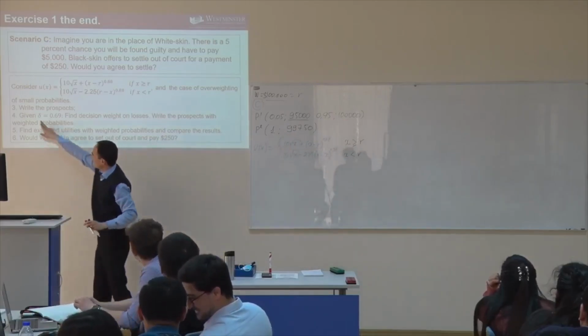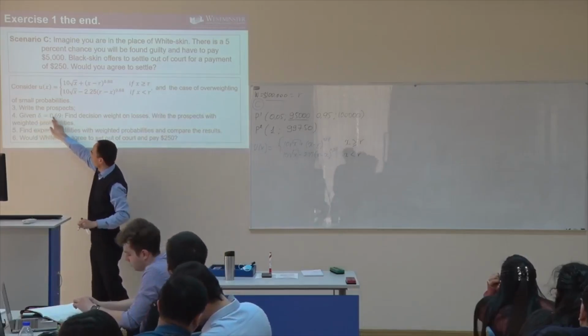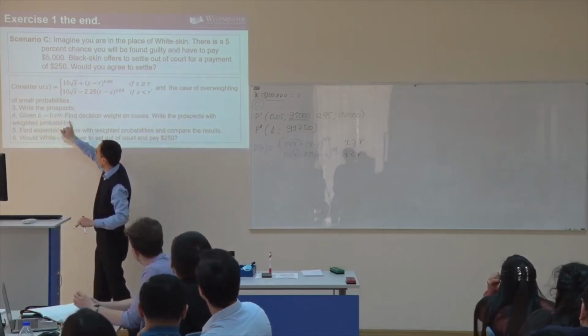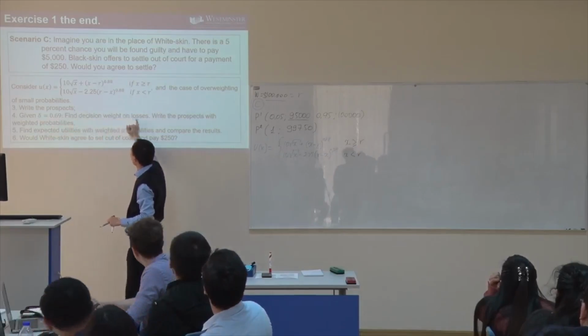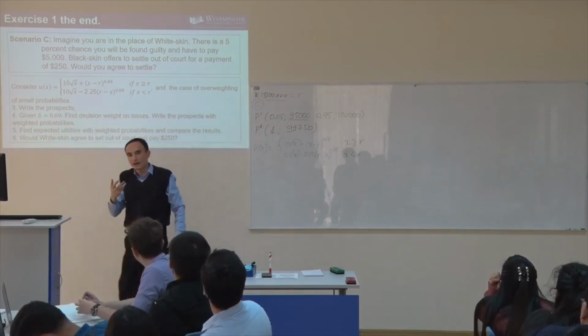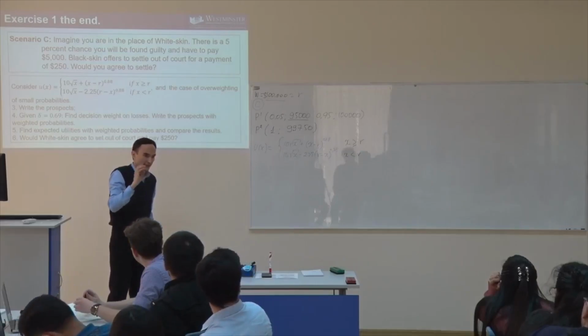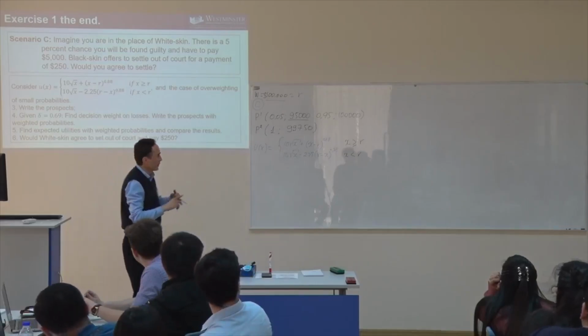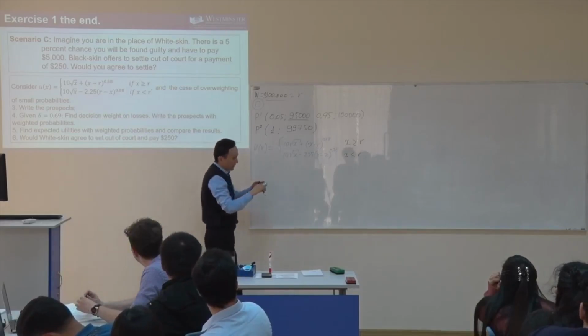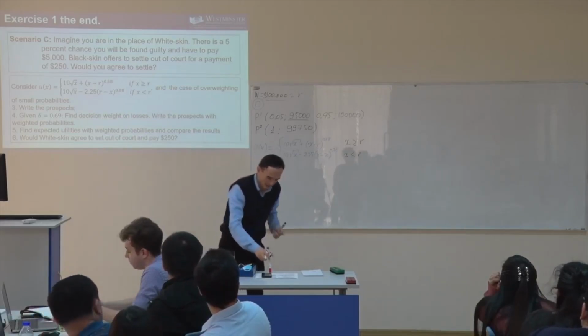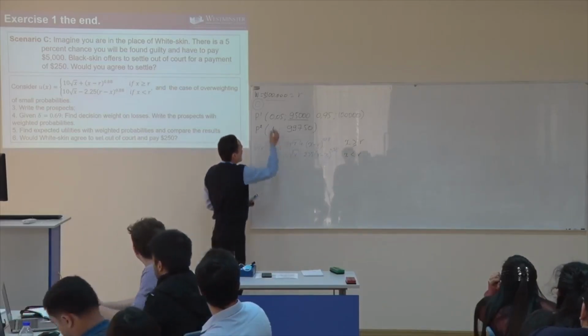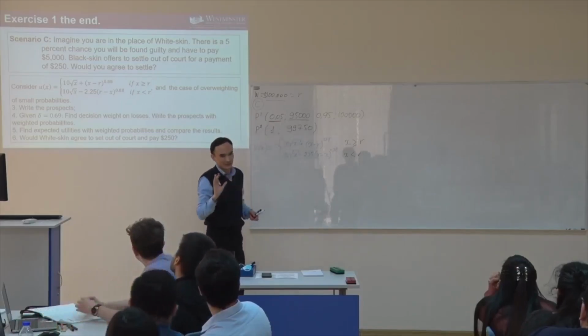Look, given delta equal to 0.69, find the decision weight on losses. So now we are considering that people overweight risk. People are overweighting. Here, the probability of losing is only 5%.